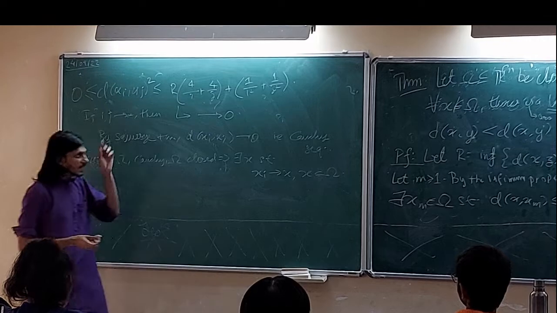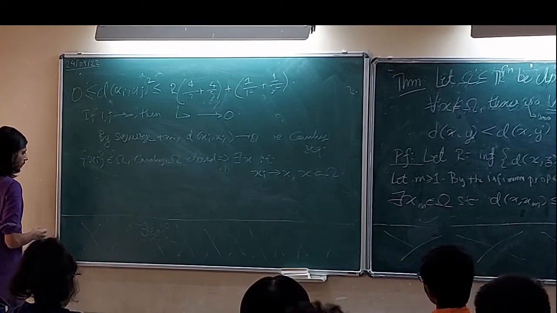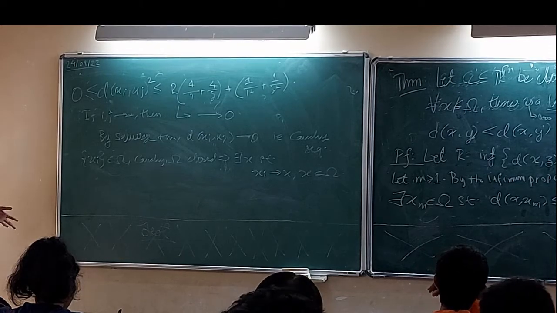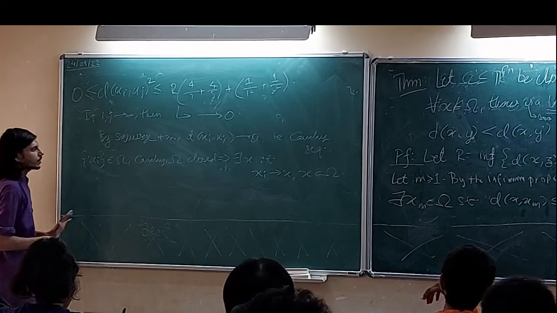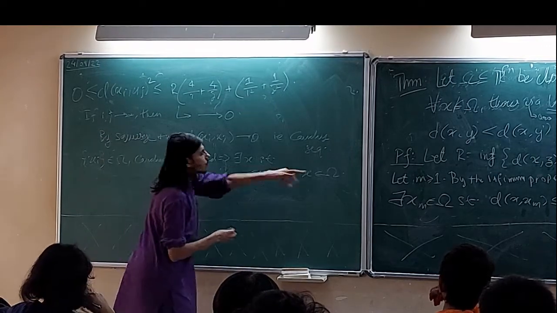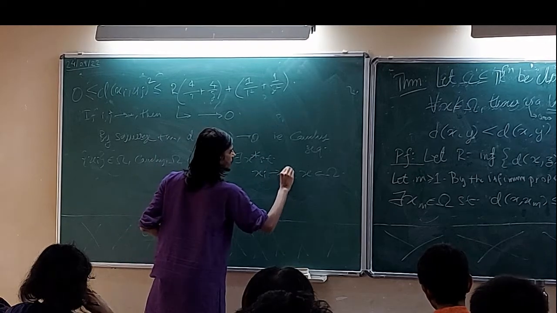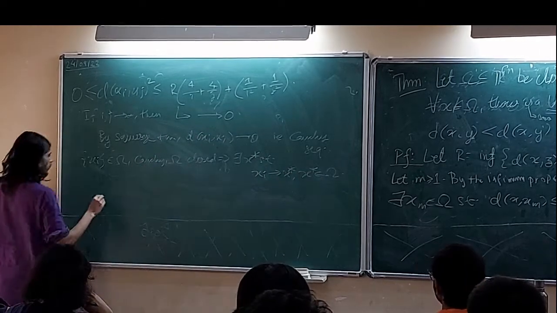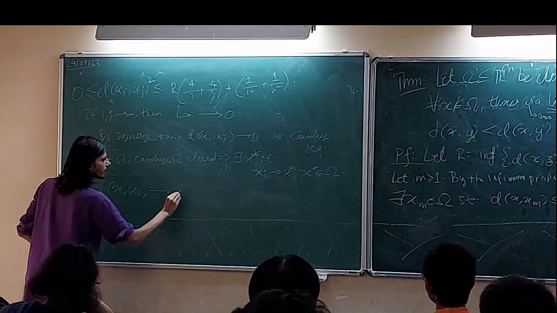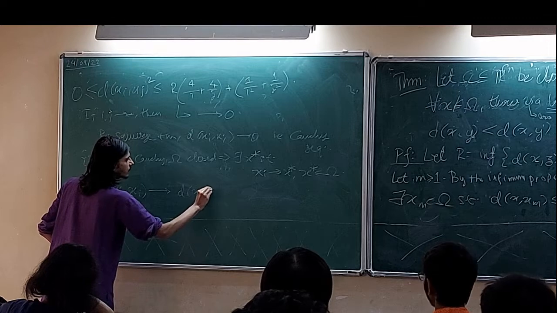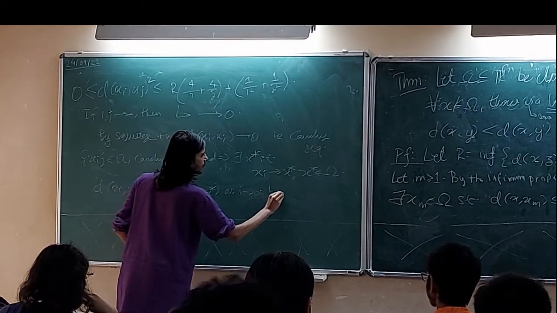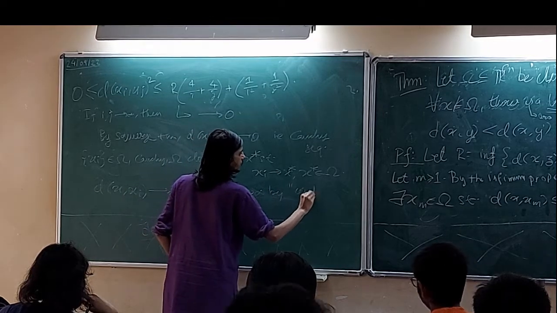Now what is the speciality of the distance function which I wrote to you? If you recall the formula for the distance function, it's only given by some square roots and summations and so on. So it's a continuous function. And because it's a continuous function, let's not put x already there, x star. What will happen is that d of x comma xi will go to d of x comma x star as i goes to infinity by continuity of distance.